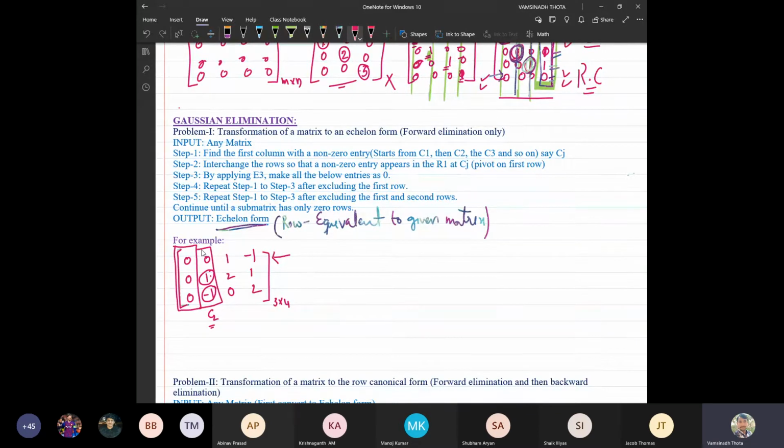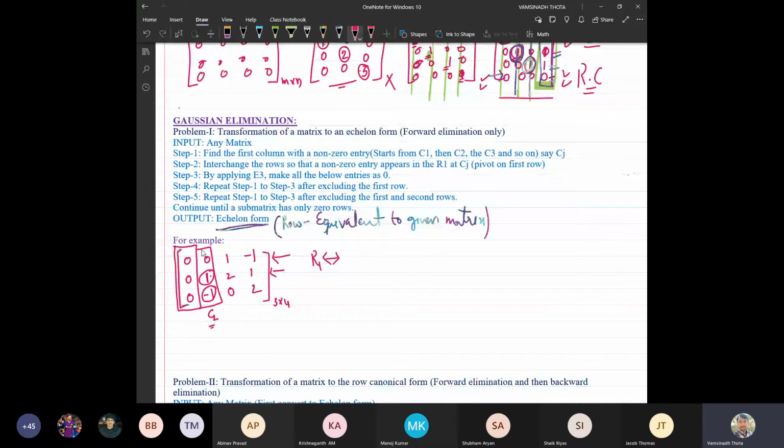That is your choice. But to follow uniformly, we will follow the order. Since this is the one we immediately get, we will interchange R1 and R2.